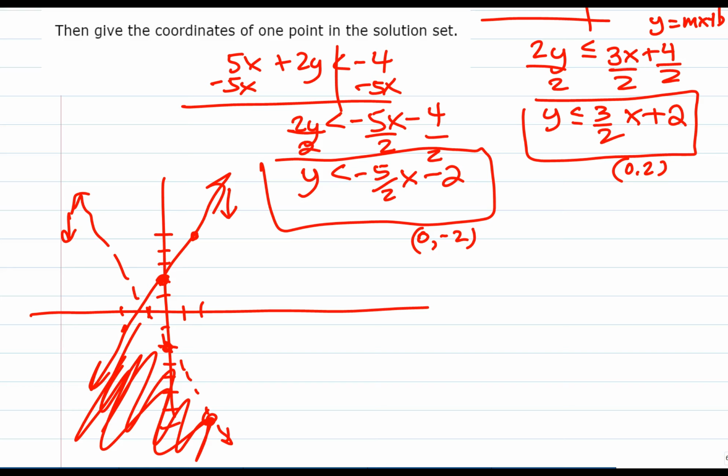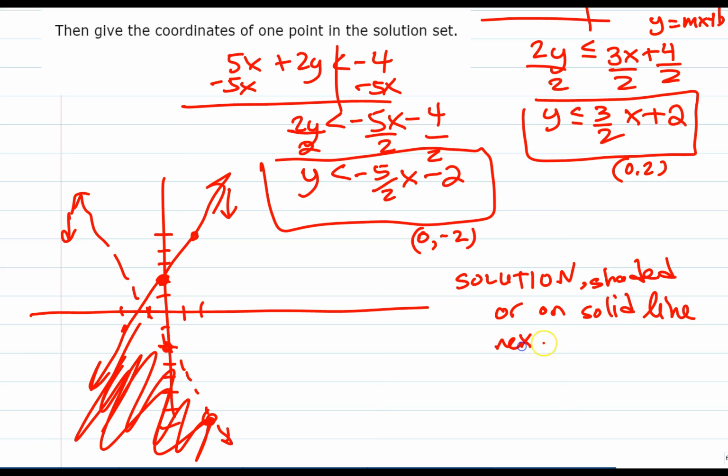It says to find one point in the solution set. I would just argue, where are our solutions? Anywhere we shaded, and/or on the solid line next to the shading. So for instance, here's -2, 0.